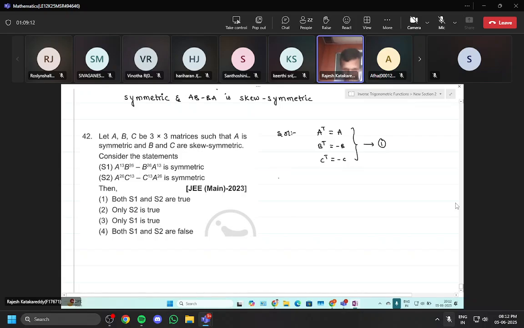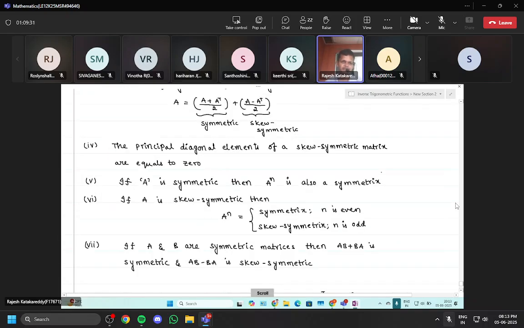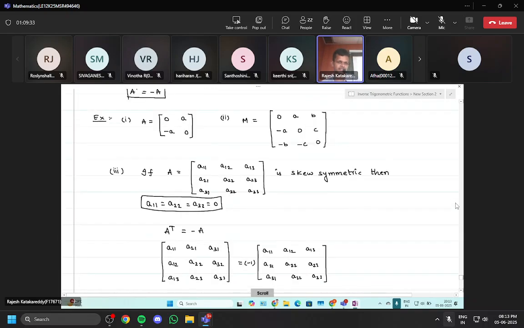Now next, consider the statements. Statement number 1. Let us say in statement number 1, I am calling the given big matrix as M. So matrix M is equal to A power 13, B power 26 minus B power 26, A power 13. Give me a moment. I think I missed this property in transpose. Did I give this?